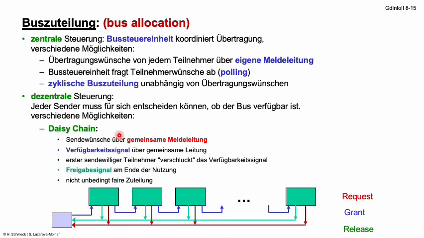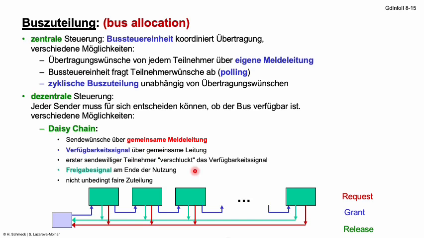chain, where basically there are transmission requests through a common message line. And then there is also an availability signal over a common line. And then the first subscriber that is willing to send basically grabs the availability signal.